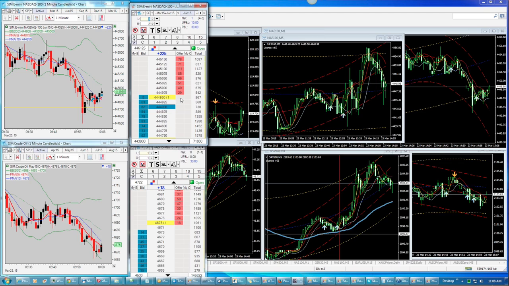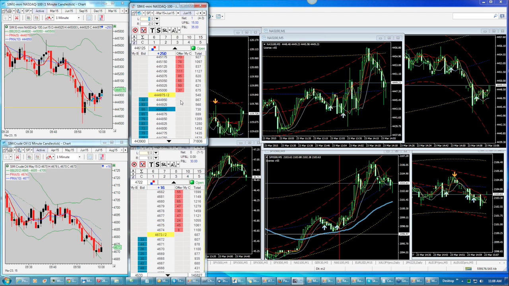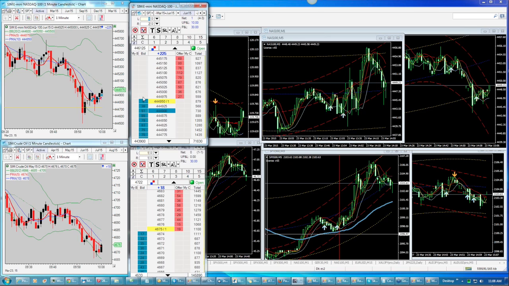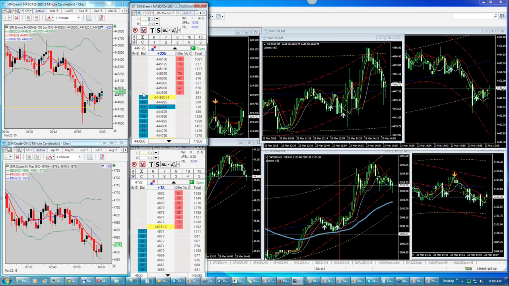It's just kind of hanging out. So it's going to back and fill, but as long as it keeps above that.